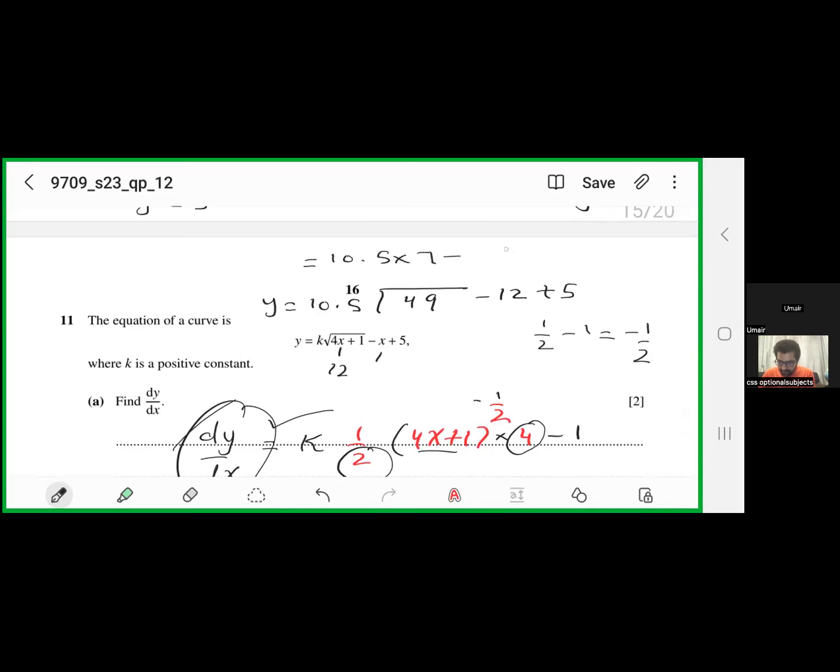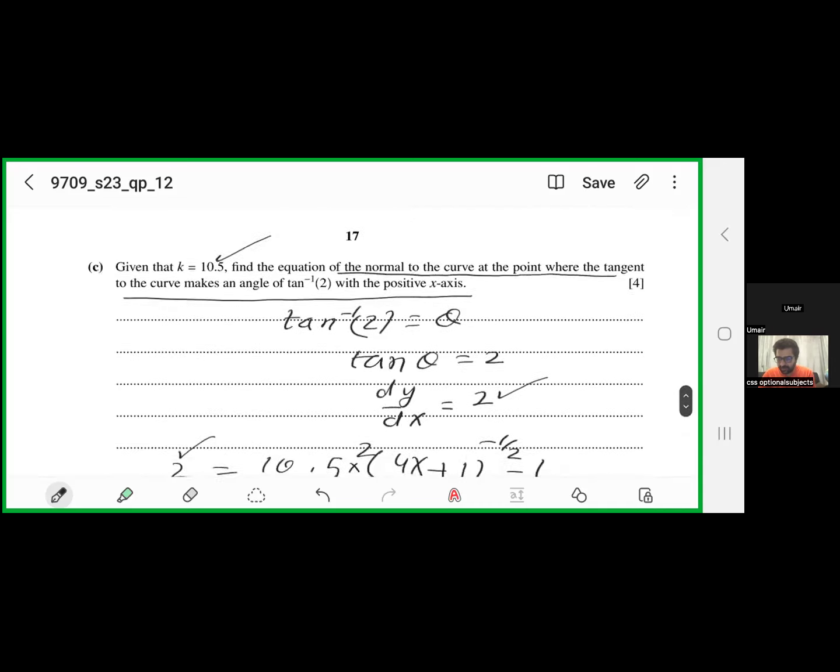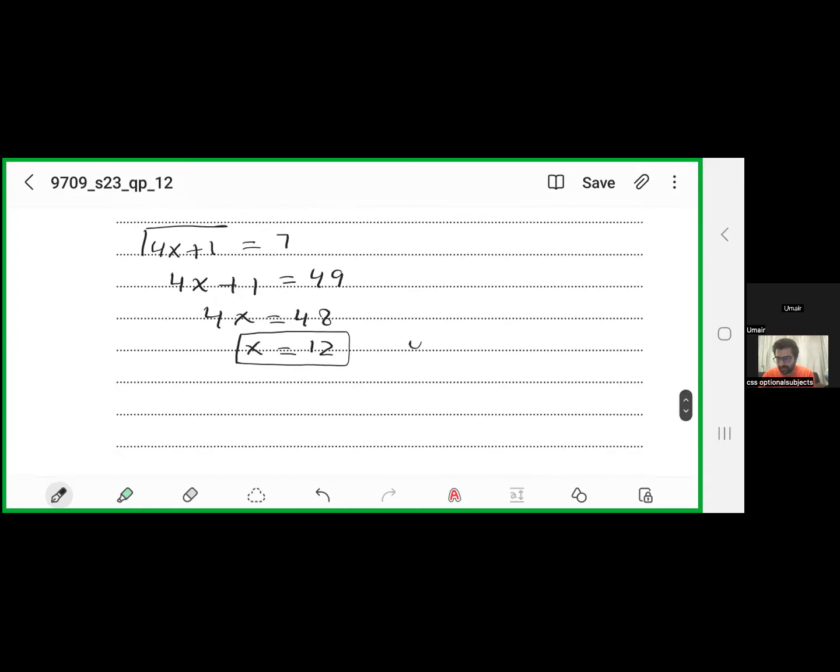Minus 12 plus 5 is minus 7. So from here, the value of y will be 10.5 into 7 minus 7. First of all, do multiplication and then subtraction. So y will be equal to 66.5. So this is the point of intersection of the tangent and curve.